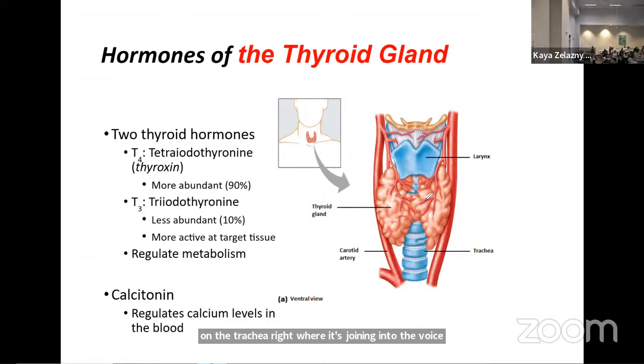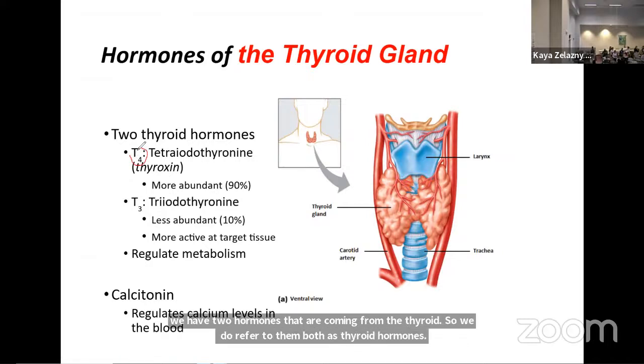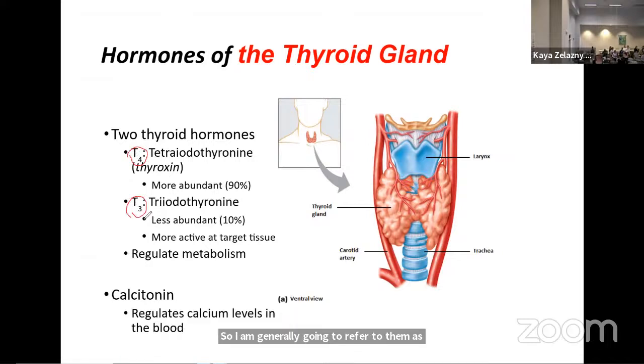So we have two hormones that are coming from the thyroid. We do refer to them both as thyroid hormones. I am generally going to refer to them as T4 and T3. What that actually stands for is tetra, that's the 4 part, iodothyronine. The thyrine is coming from the thyroid part.